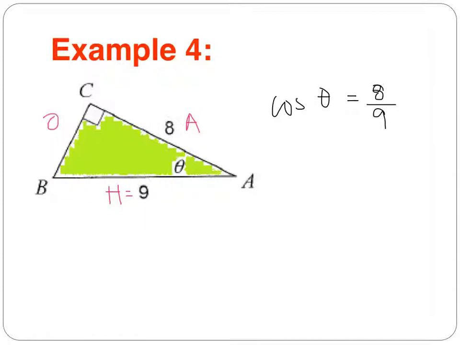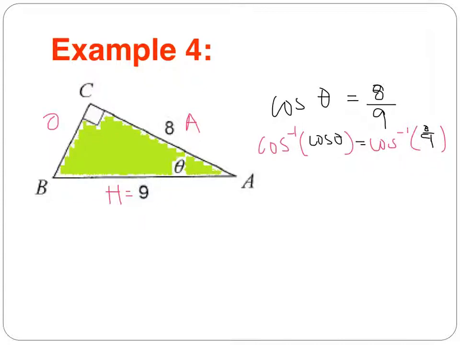This time again, because we are looking for theta, we will apply the inverse using this notation. And we also have cosine inverse of cosine theta is equal to cosine inverse of 8 over 9.